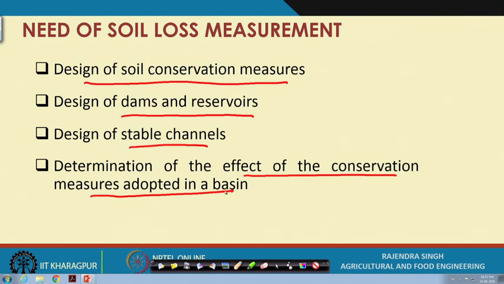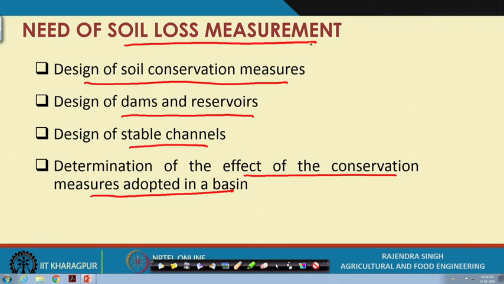We have seen in our introductory lectures that various kinds of soil conservation measures are possible. There are agronomical measures, biological measures, and engineering measures of various kinds. Which combination needs to be adopted for a given area will be determined by the magnitude of soil loss taking place in that area. That is where we need to know the soil loss.